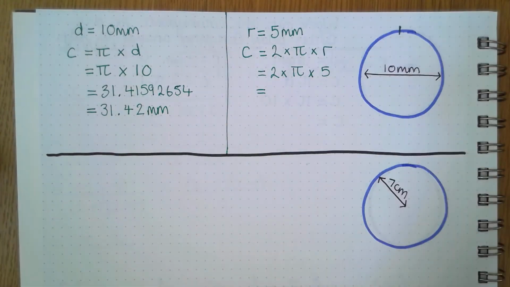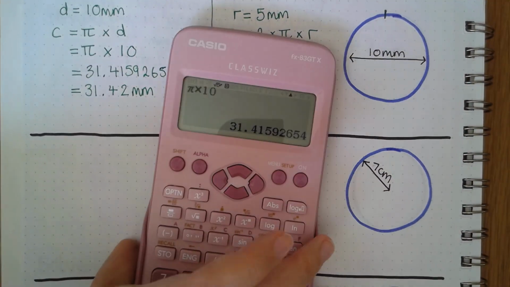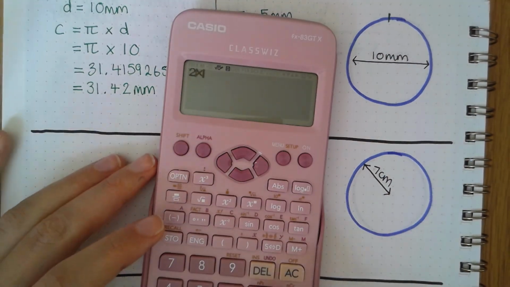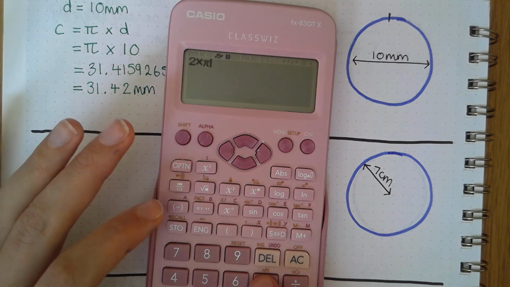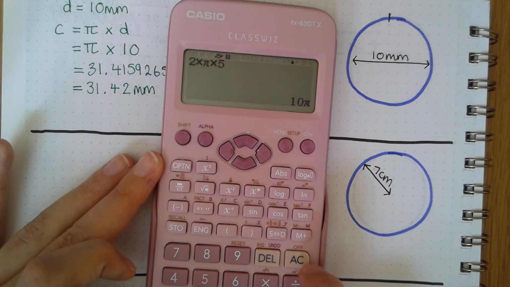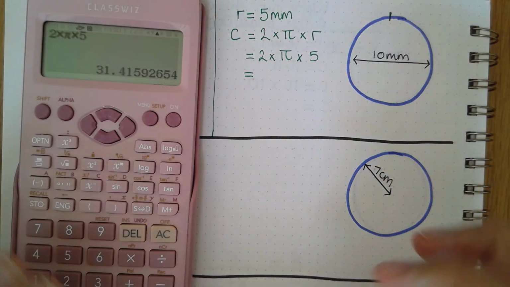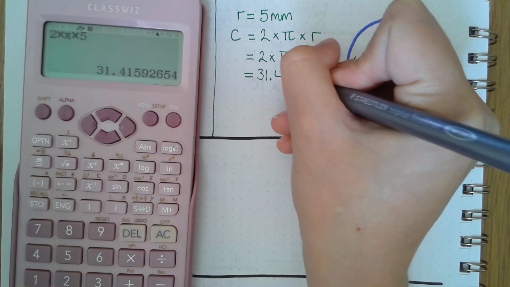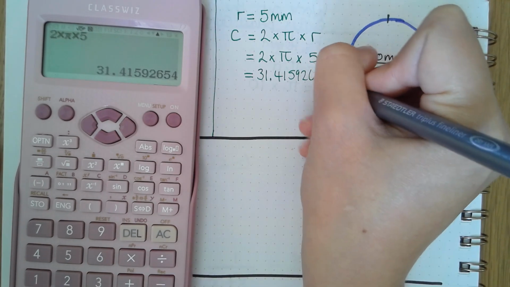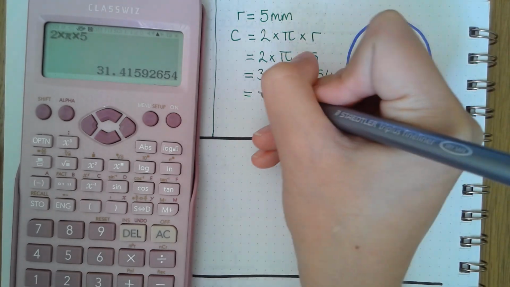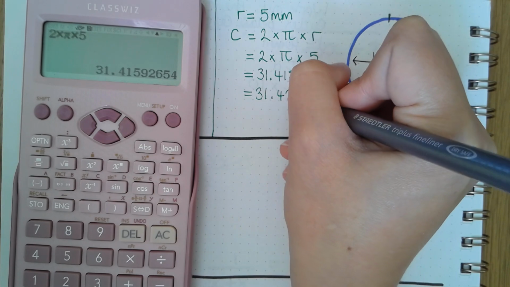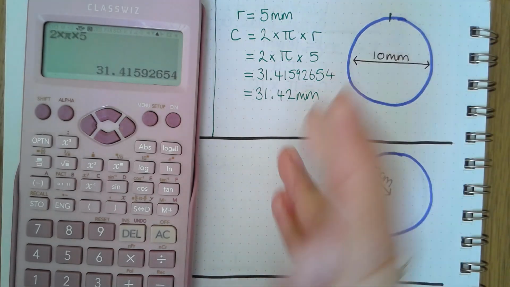You can put that in your calculator, you get exactly the same answer. So 2 times shift pi times 5, 10 pi. You can press the S arrow D button again, and it's exactly the same answer. And then 2 decimal places and units.